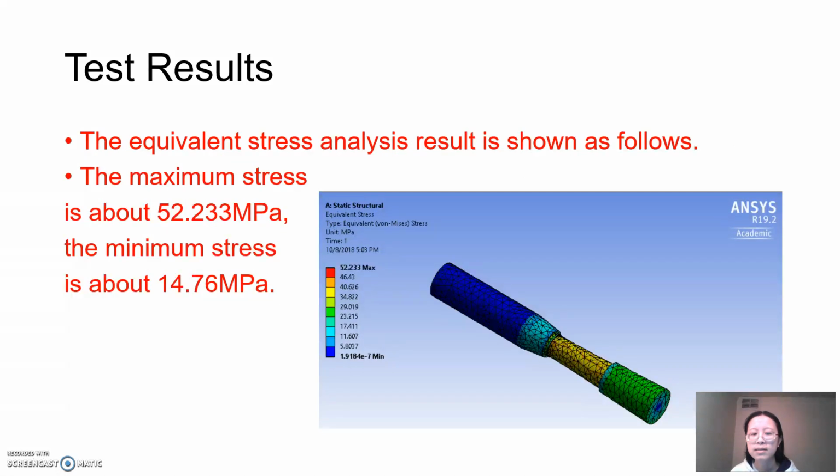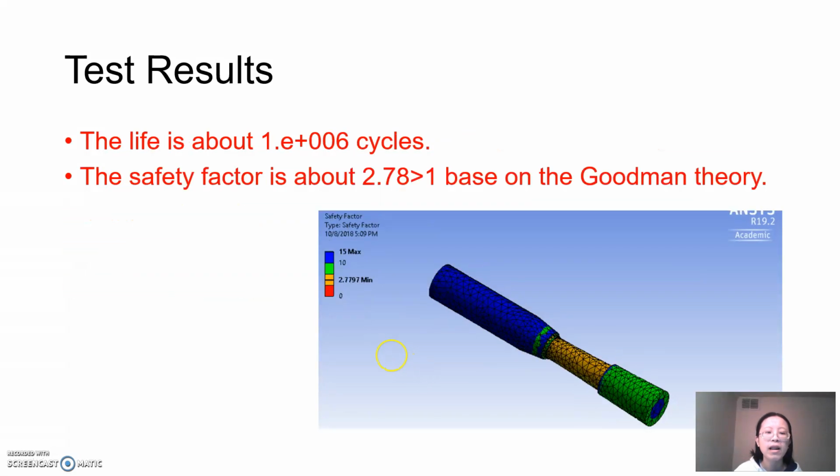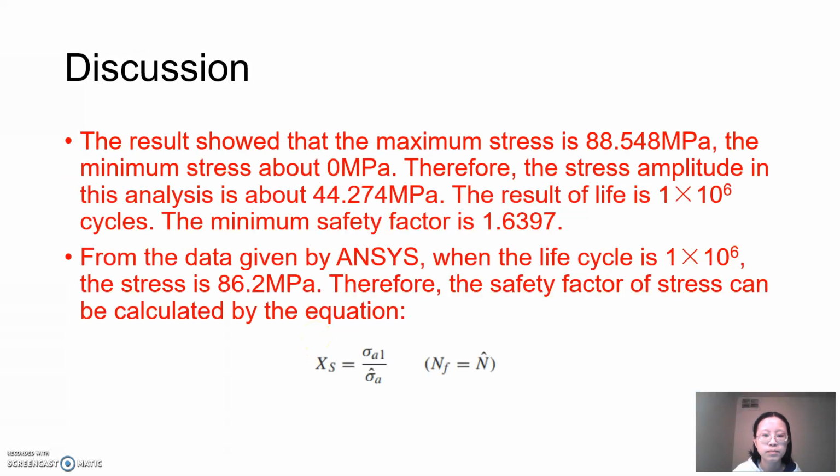For the equivalent stress analysis result, the maximum stress is about 52 MPa. The minimum stress is about 14.7 MPa. And the life is still 1e6 number of cycles. The safety factor is 2.78, which is more than 1 based on Goodman theory. It's also safe in this condition.